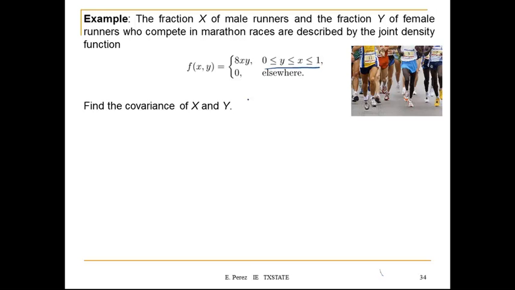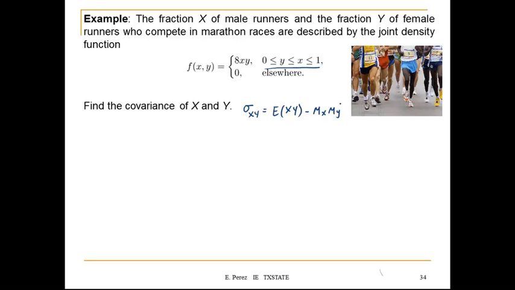For this problem, we're going to use the expression sigma xy equals the expectation of xy minus mu x times mu y.